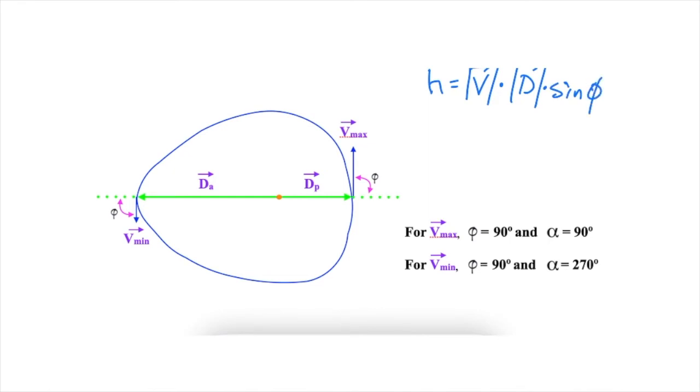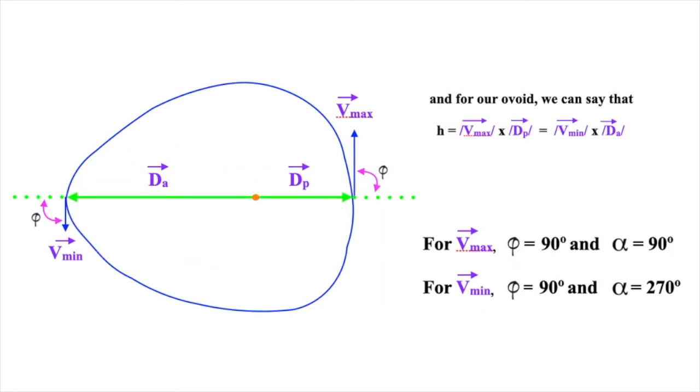But if phi equals 90 degrees, then sine phi equals 1. Therefore, for our ovoid path, we can say that h simply equals the speed of the planet at perihelion times its distance from the sun at perihelion, and also equals the speed of the planet at aphelion times its distance from the sun at aphelion.